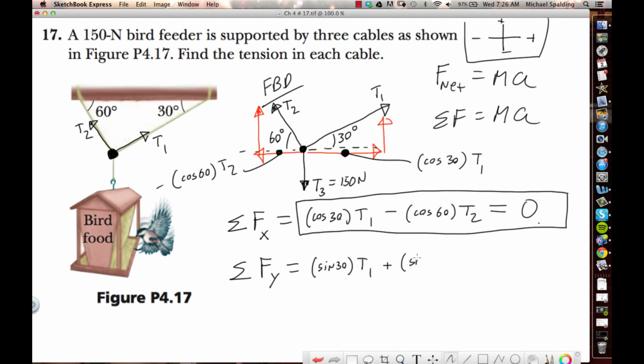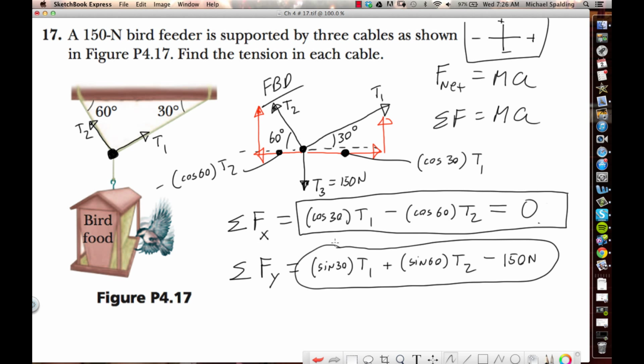Plus sine 60 T2. And then this guy: minus. Why am I making him minus? Because which way does he point? Down. Okay, minus 150.